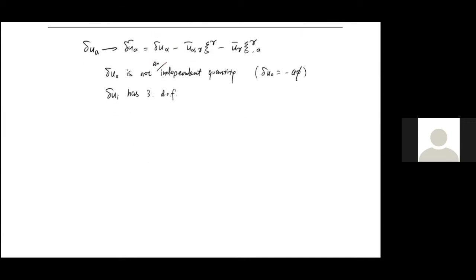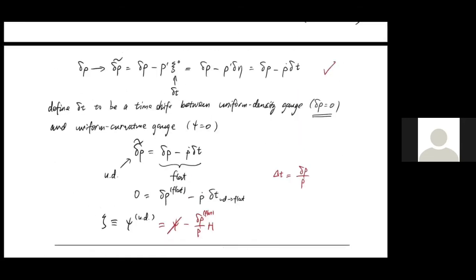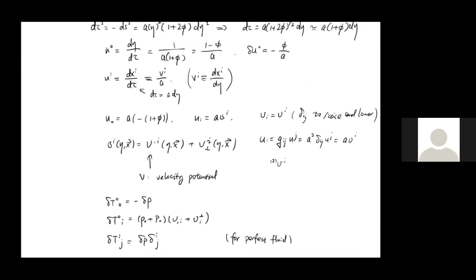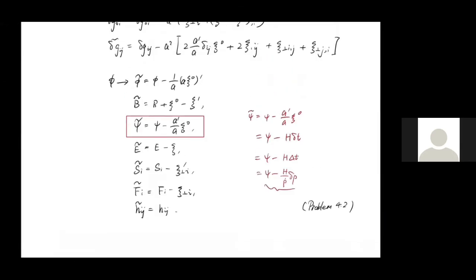Okay, now we go to the second part, which is seeking gauge invariant quantities, for a scalar perturbation, of course. The basic method to do this is to go back to this transformation law, to all of this.